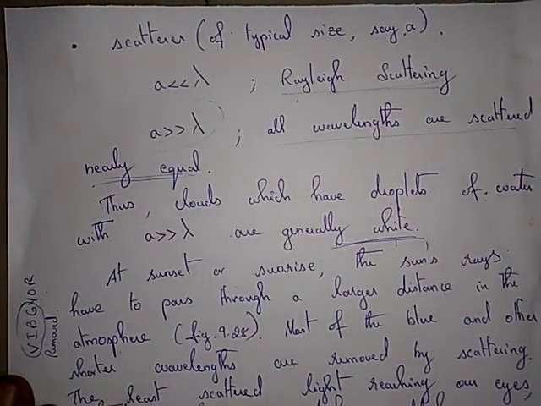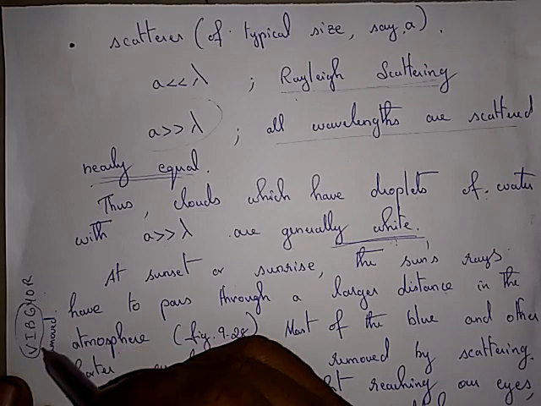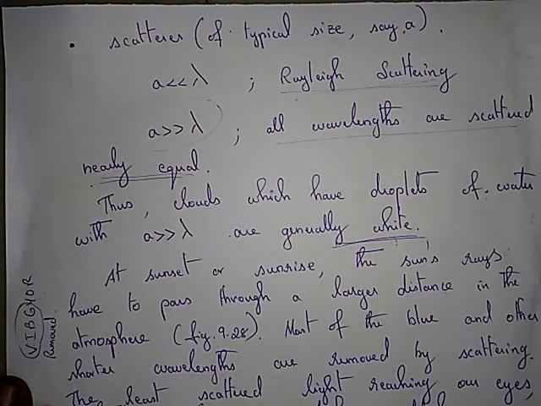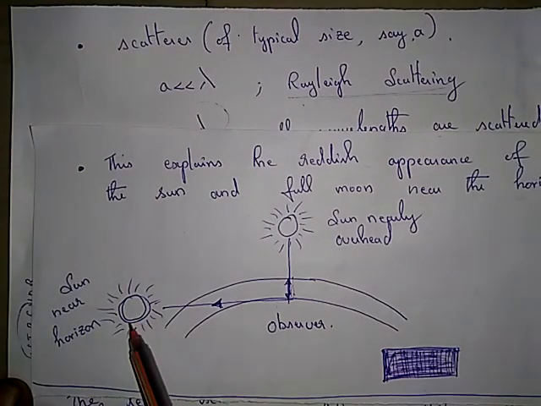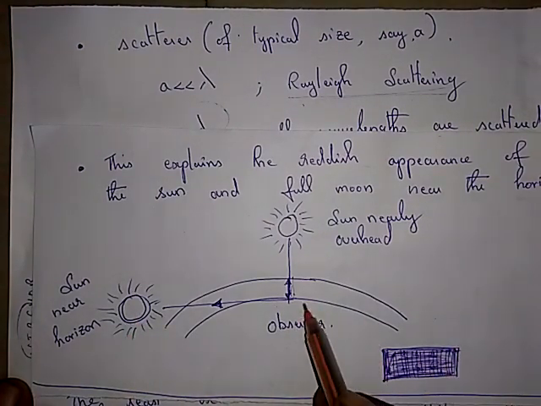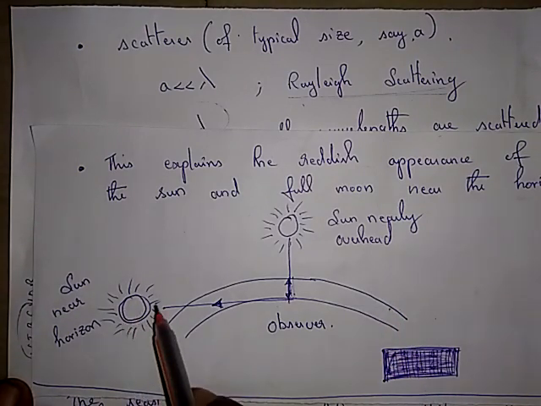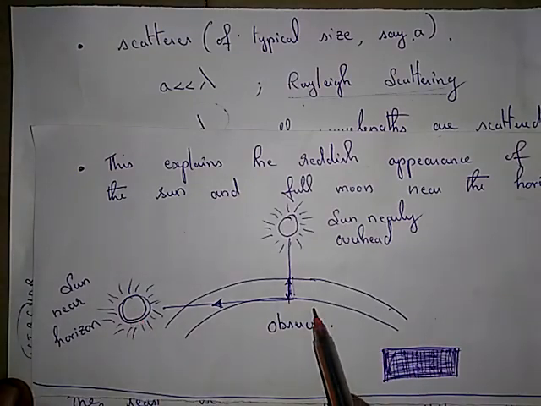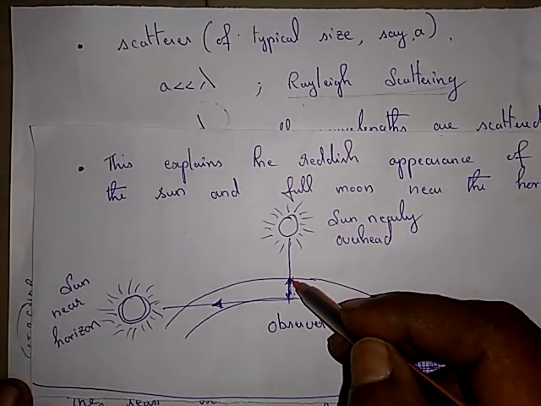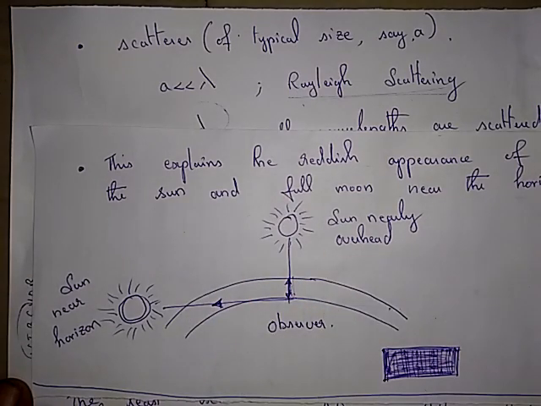So as a general case, the lower wavelengths are removed when the sun rises in the east and sets in the west, because it has to travel a great distance. Therefore, the sun appears reddish in color during sunrise or sunset. Whereas during noon, it has to travel a very short distance, so we see the sky as blue.